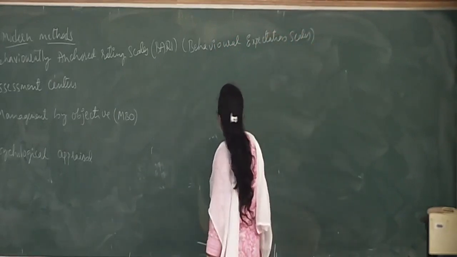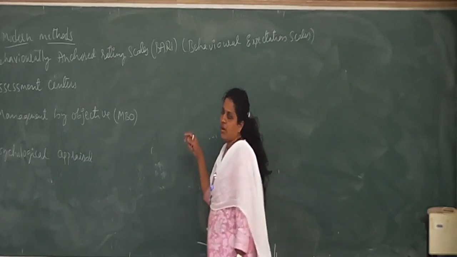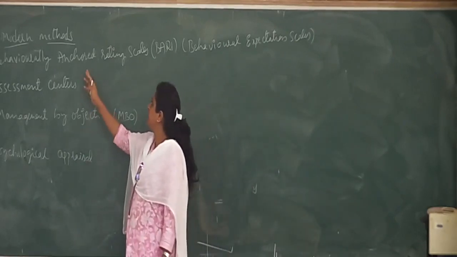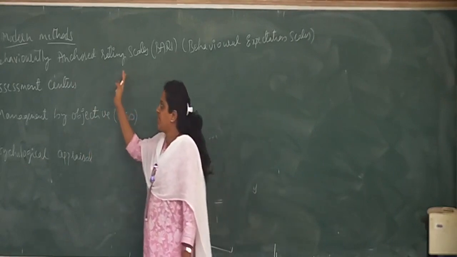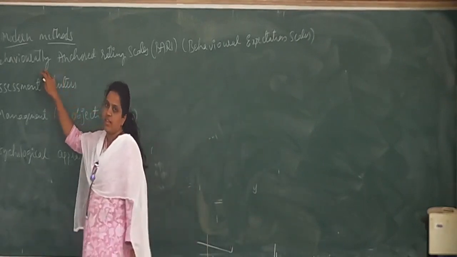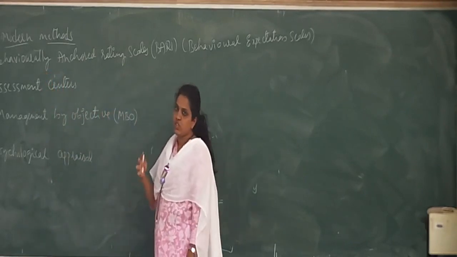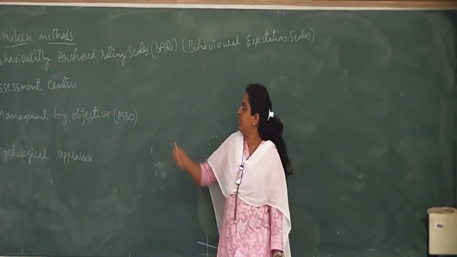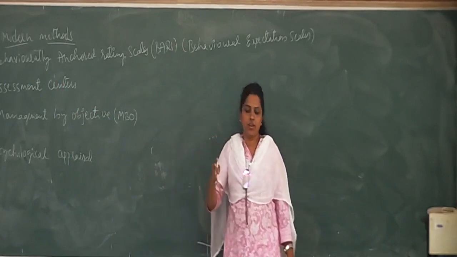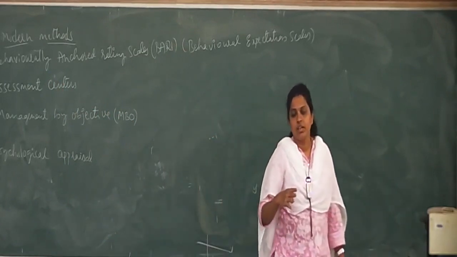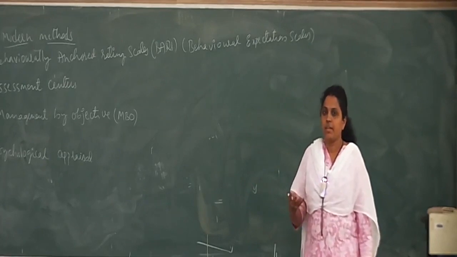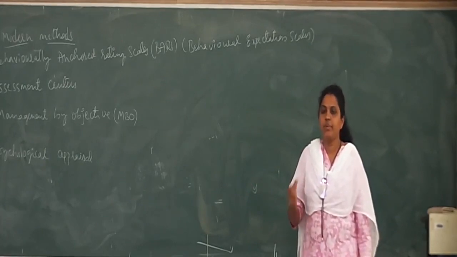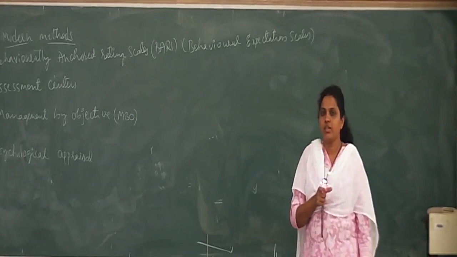Okay, behavioral expectation scales or BARS or behaviorally anchored rating scales. So as the name suggests, these bars have to be designed for different categories of employees, covering the expected job behavior of a particular cadre of the job.